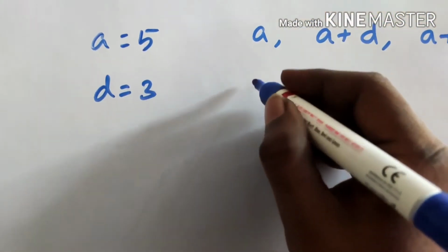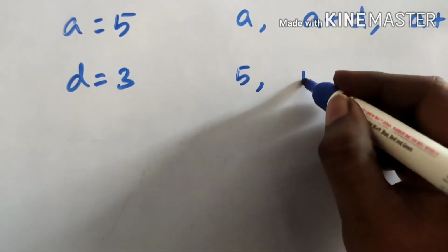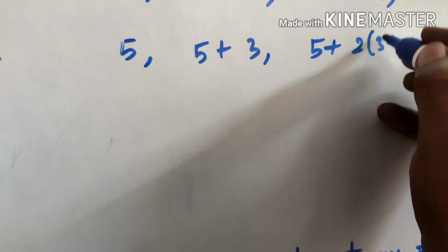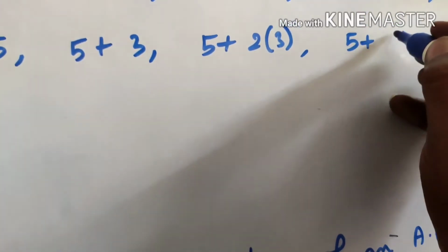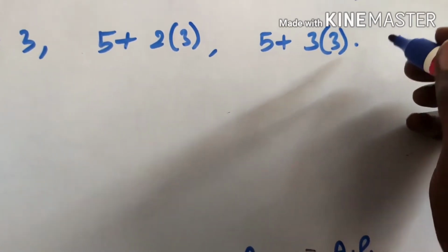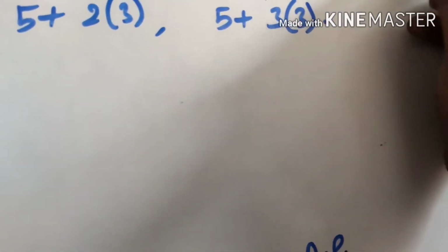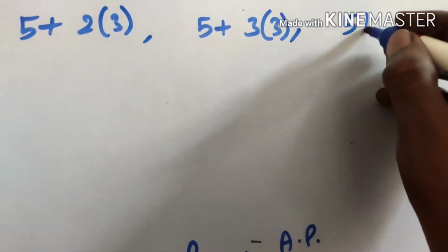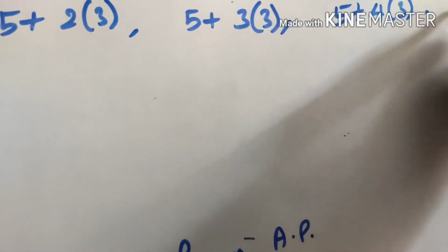If you put 5 here, a is 5, next 5 plus 3, next 5 plus 2 into 3, 5 plus 3 into 3, like that it goes on. Next also a plus 4d, 5 plus 4 into 3, like that it goes on.